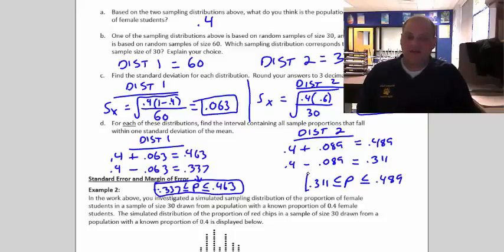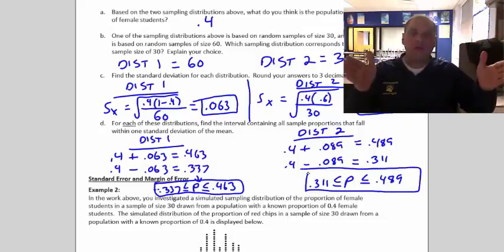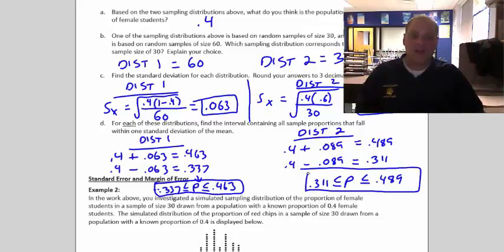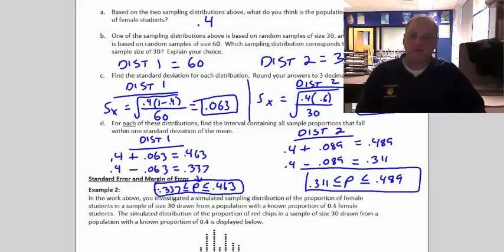So we would expect the real population proportion to fall between 0.311 and 0.489. That's within one standard deviation of the mean. If you go one standard deviation of the mean each way, it's 0.311 to 0.489 for distribution 2 and 0.337 to 0.463 for distribution 1.